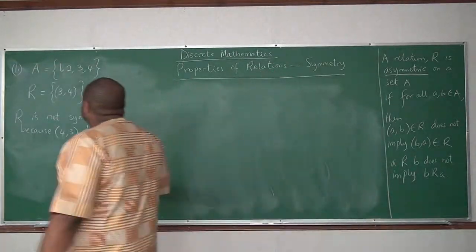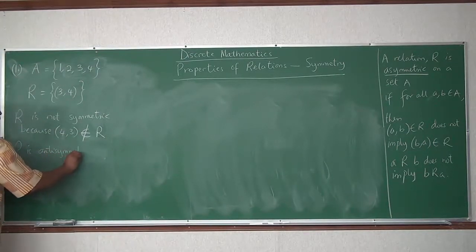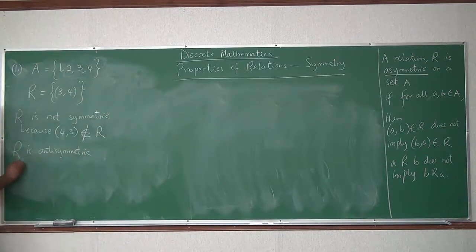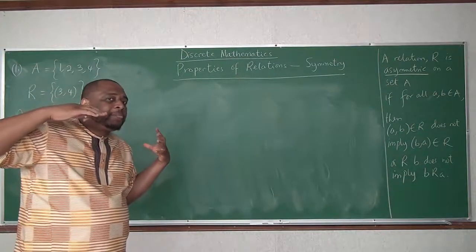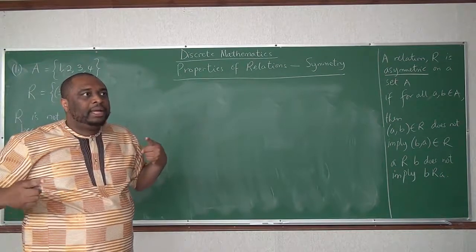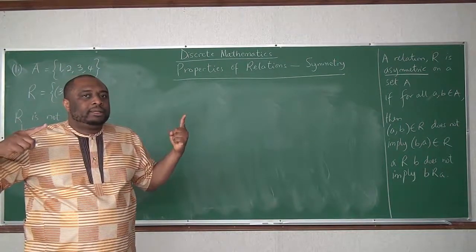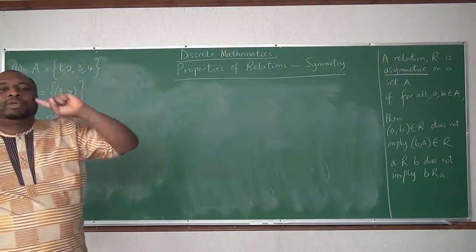Okay, so we say that R is antisymmetric, because if we had 4, 3 in that relation, then it would not be antisymmetric.